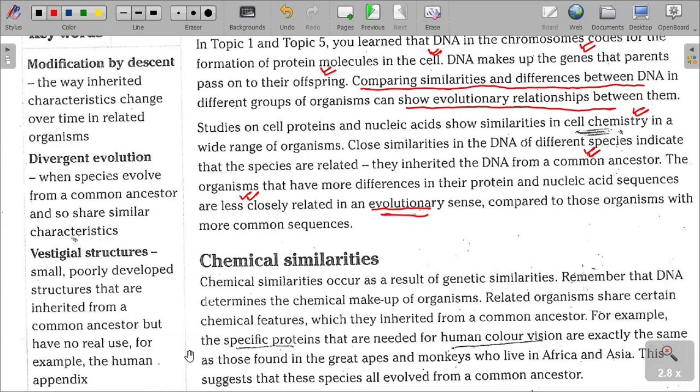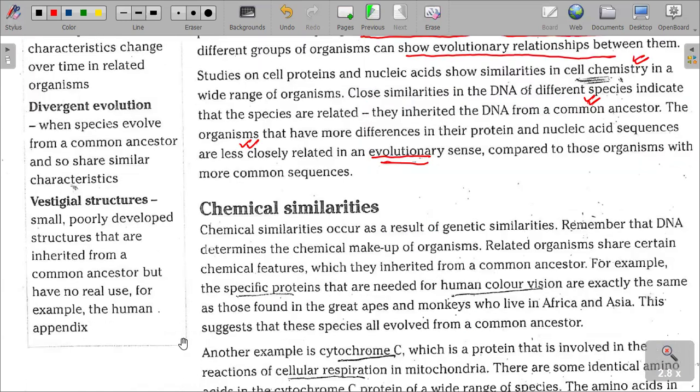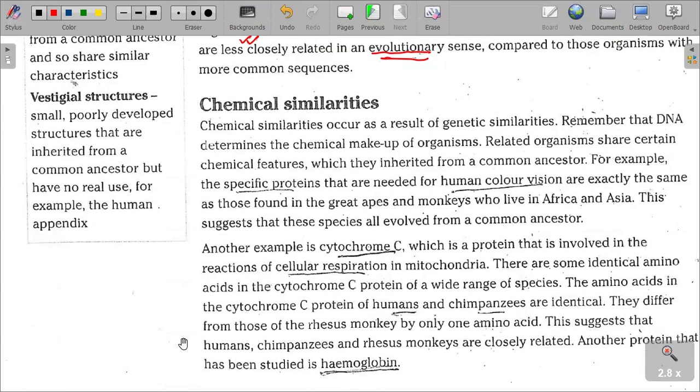And then I can as well talk about chemical similarity, which can also be explained by the similarity of the DNA. Chemical similarities occur as a result of genetic similarities, which is very true.